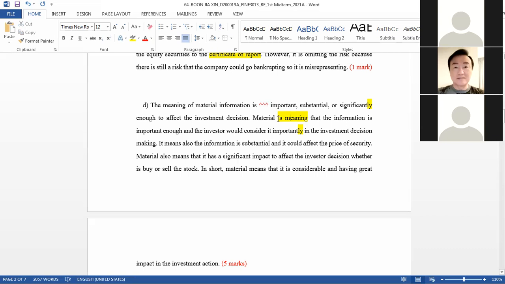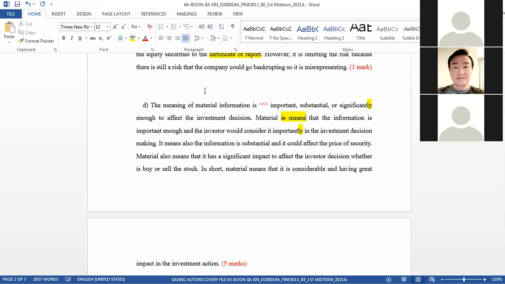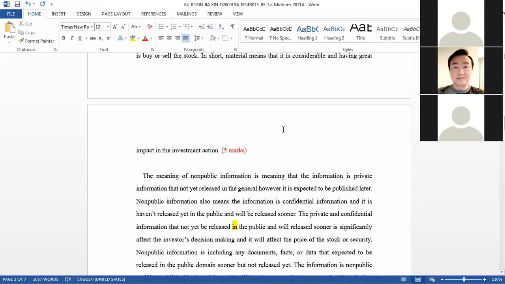You can just say material means, or you can better say materiality. Change it into a noun. Materiality. Okay, just some grammar mistakes, so 5 marks for part D.